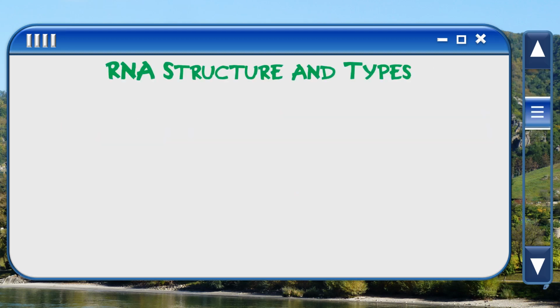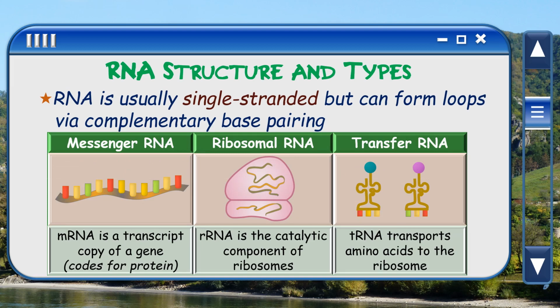RNA structure and types. Let us look at RNA structures and types. Here we say that RNA is usually single-stranded, but it can form loops via complementary base pairing.